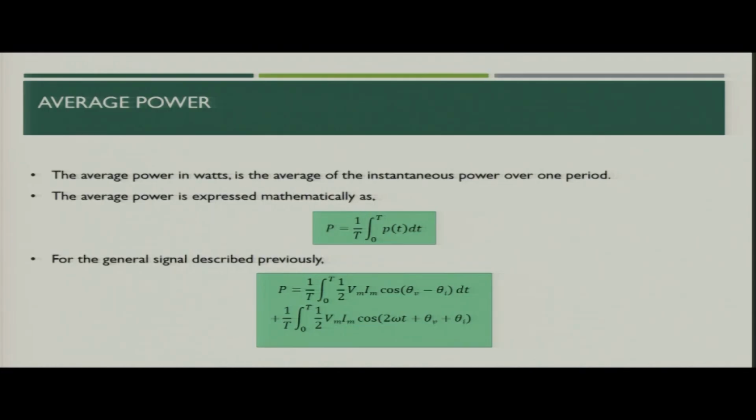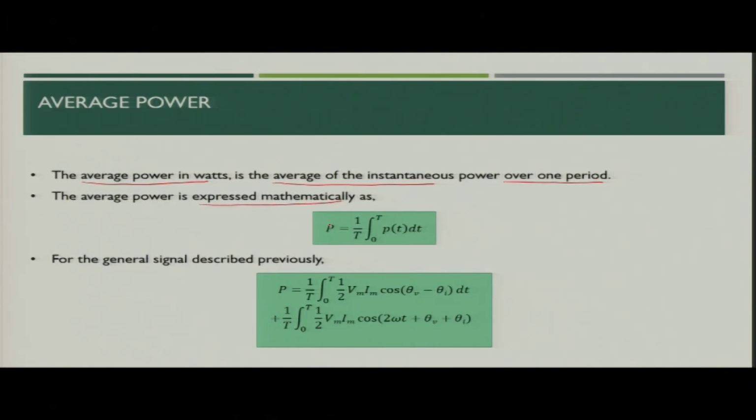So, let us see how we will calculate the average power from the previous equation which we derived. So, average power, which we can represent in watts, would be the average of instantaneous power over one particular time period. So, how will you represent it mathematically?